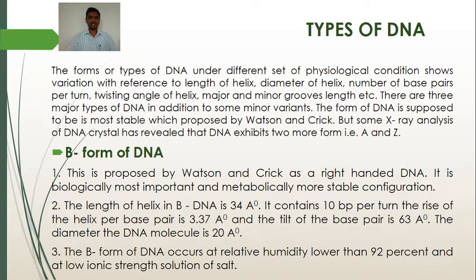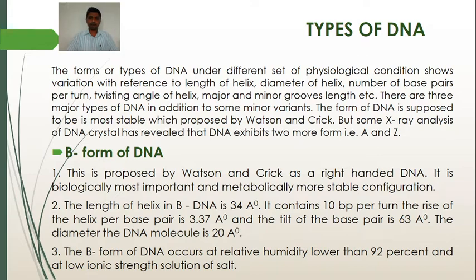The length of the helix in the B form is 34 angstrom. It contains 10 base pairs per turn. The rise of the helix per base pair is 3.37 angstrom. The tilt of the base pair is 6.3 degrees. The diameter of the DNA molecule is 20 angstrom.